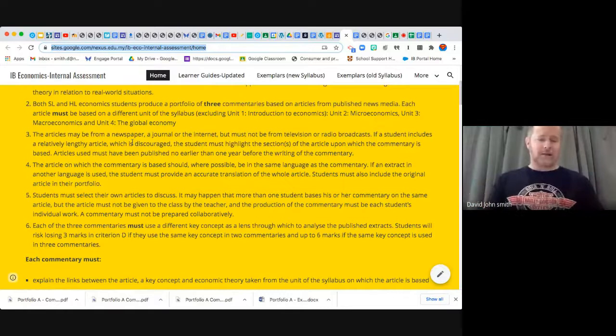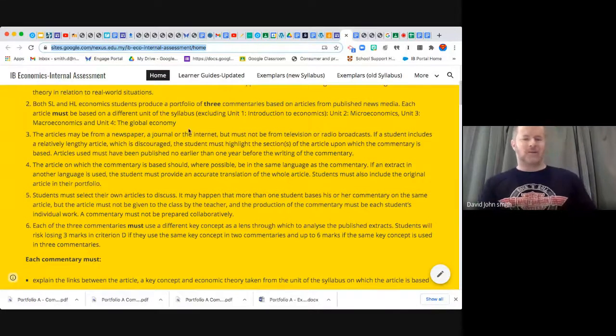The Guardian newspaper, I think they're all online. And there are also news aggregator sites where you can go to the site and it will list all of the newspapers that you can find online. It is possible to think about the journals, academic journals as well, although that's a bit harder.